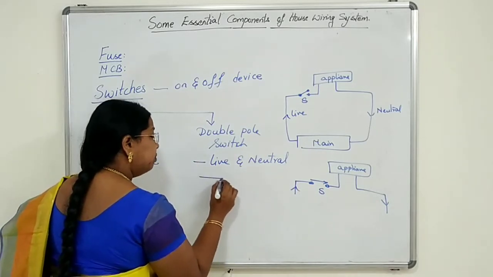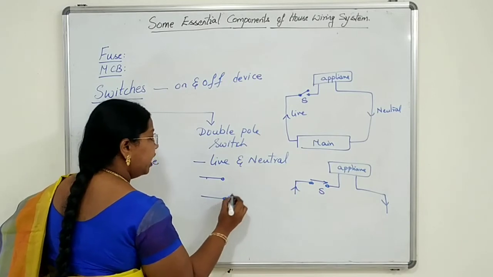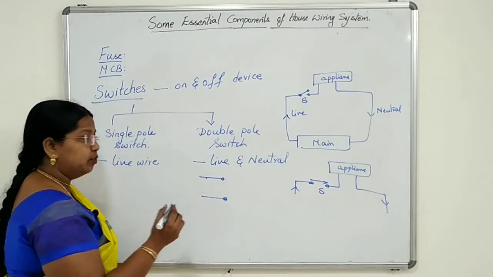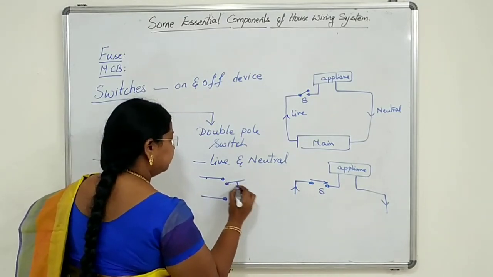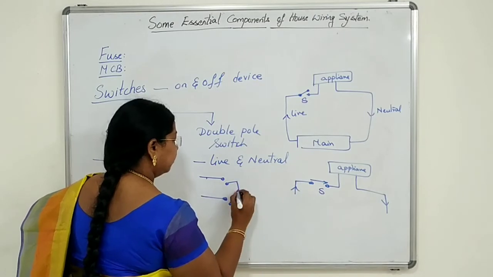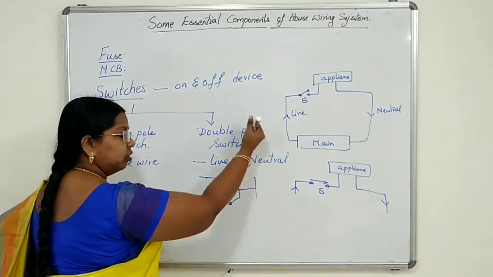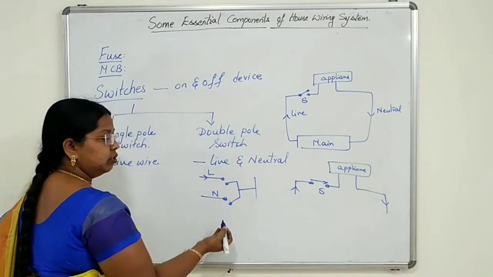It will simultaneously connect both the live and neutral. We also call this an ironclad switch, students, which will be near the main. We'll switch it on. So both live and neutral, this is live and this one is neutral.